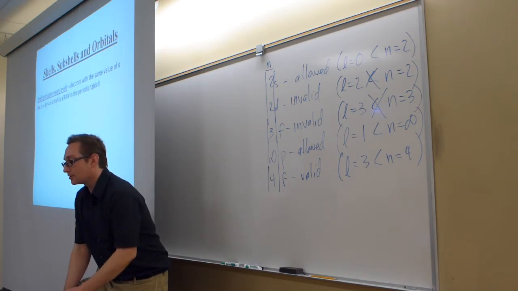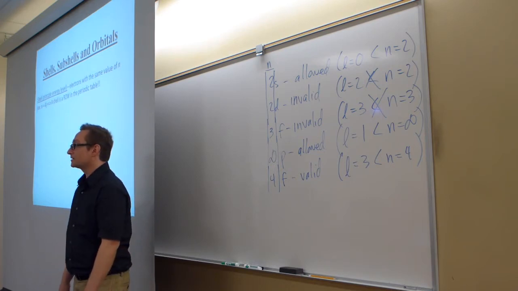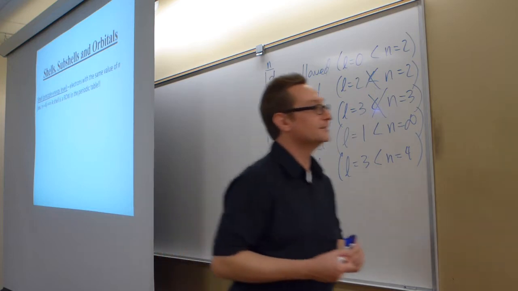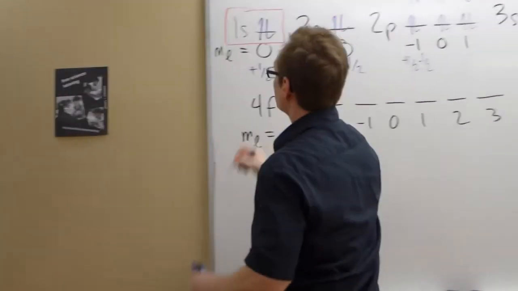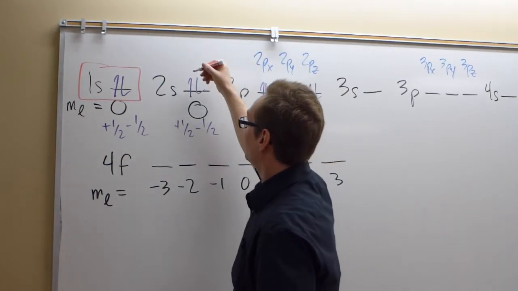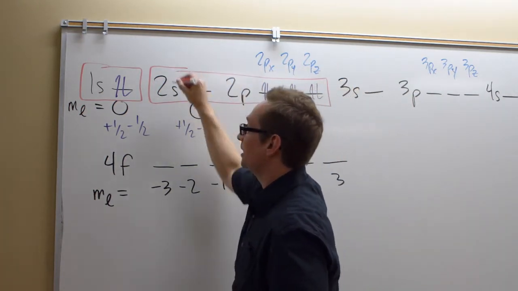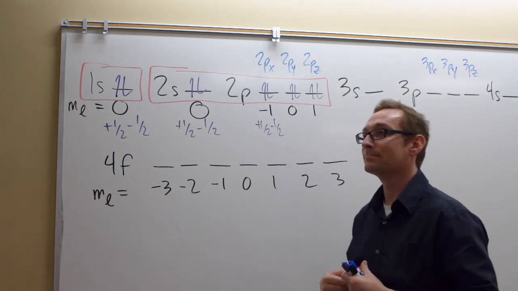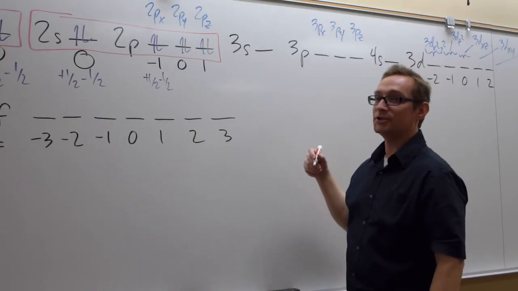So shells, subshells, and orbitals. So what a shell is, it's basically a row in the periodic table. So let me highlight a shell. So boxing this, 1s, that's a shell. Okay, we also have the n equals 2 shell, or in other words, the n equals 2 row. We also have the n equals 3 shell.